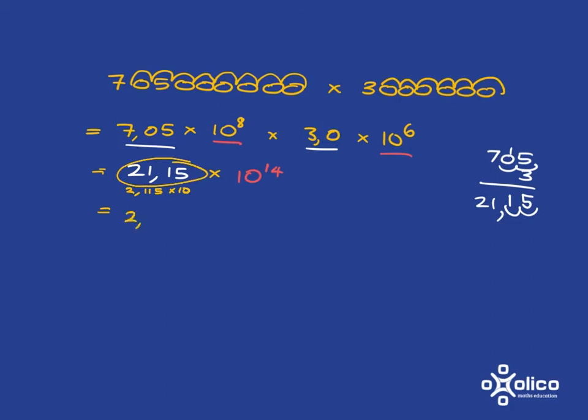So what we've got is 2,115 multiplied by 10, and then we've still got our 10 to the 14. And so we've got 10 to the 14 and another 10, so that's going to be 10 to the 15. So written nicely in scientific notation, it looks like that.